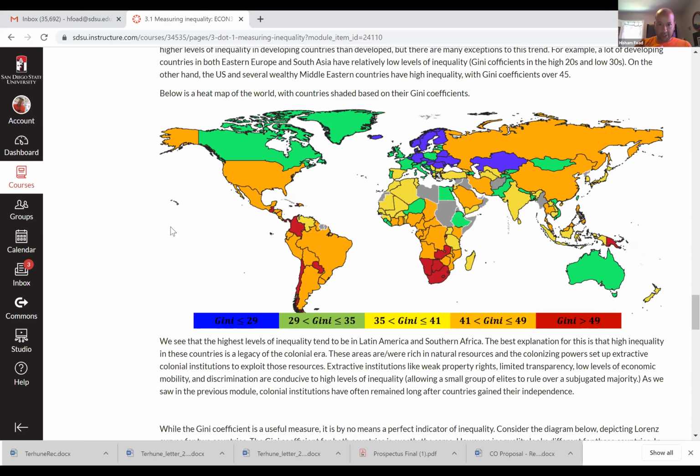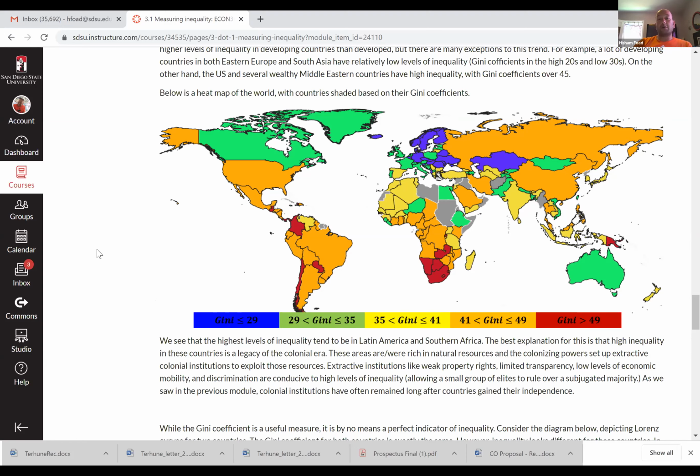There are some rich countries that have really high levels of inequality, the US, for example, and there are some poor countries that have relatively low levels of inequality. Pakistan over here, for example, has a pretty low level of inequality. So, we don't want to universally say, yeah, developing countries have more inequality than developed countries. On average, yes, that's true, but there's a lot of exceptions to the rule. There's a lot of other things that influence inequality.